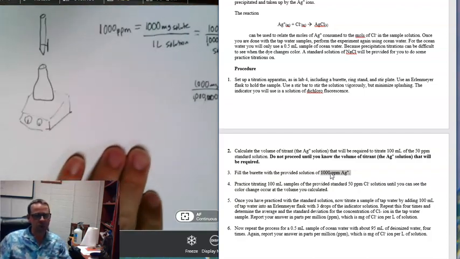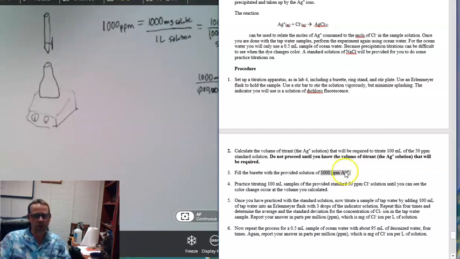Okay? So we're going to be provided a 1,000 parts per million silver ion solution. And initially, we're going to practice titrating 100 milliliter samples of a provided standard of 50 parts per million chloride ion solution. Okay? And the idea here of practicing with 100 milliliter samples of the 50 parts per million solution is to help us see what the color change looks like.